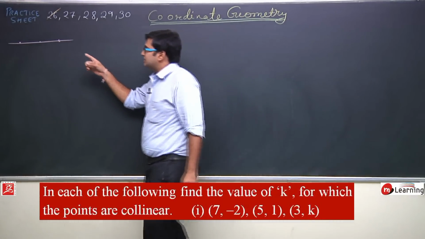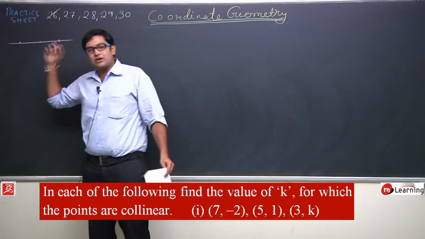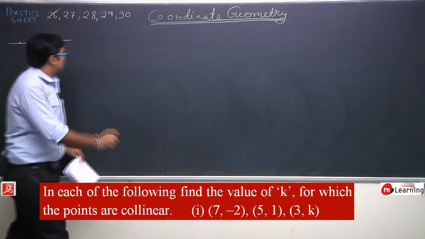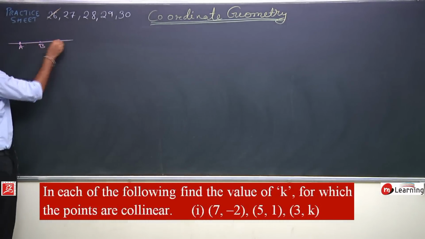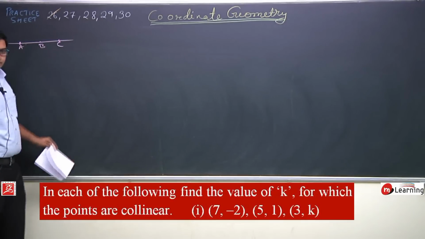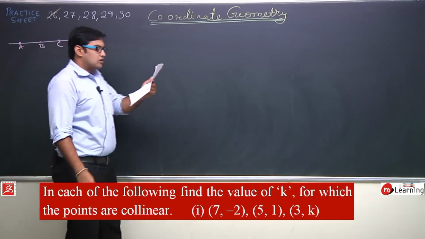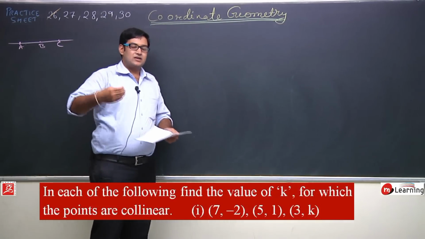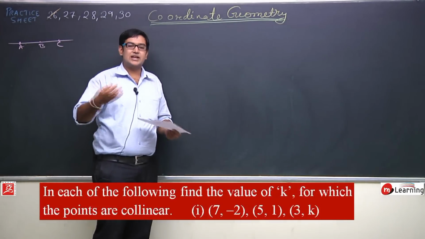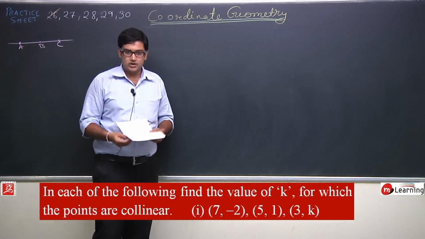So if these 3 points lie on the same line, I will say they are collinear. Now, if I say that these 3 points are A, B and C, so I will say A, B, C are collinear, but here the coordinates of the points are given, and we don't know which point lies in which direction, what the relative positions of these points are.